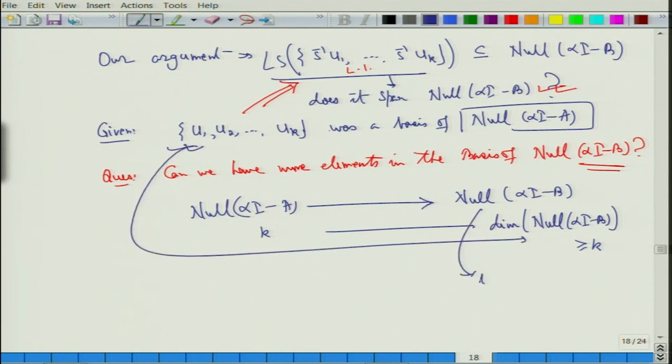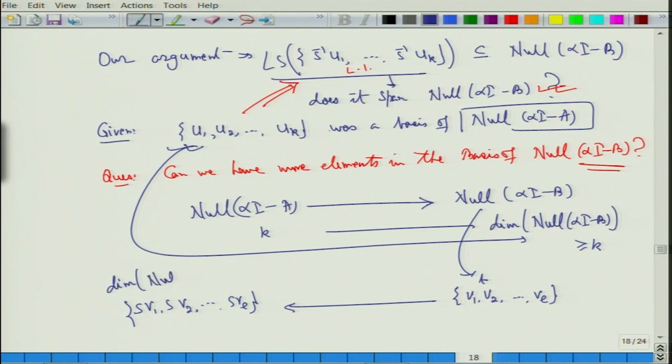If I start with a basis here, say V1, V2, VL, I can go here and look at SV1, SV2, SVL. Again, S is invertible, so this will be a linearly independent set, and this will imply that the dimension of null space of alpha I minus A will be greater than or equal to L. Fine.